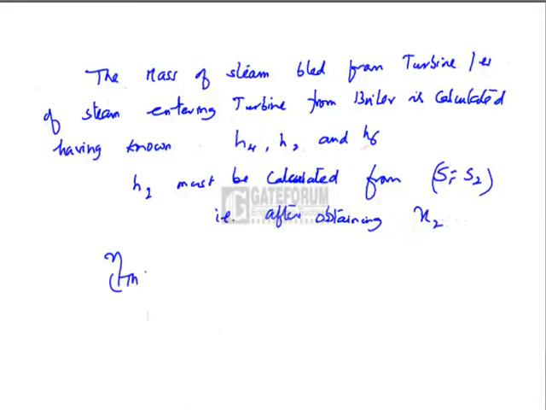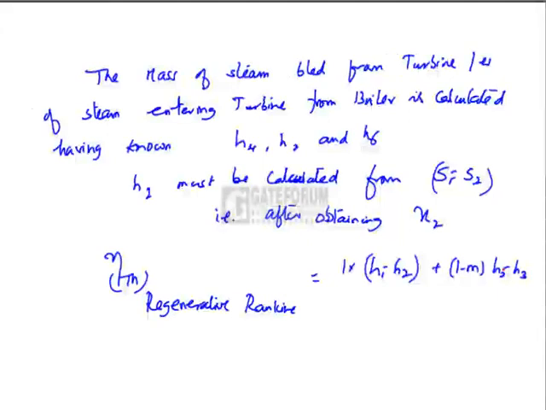Then thermal efficiency of the regenerative Rankine cycle is given as H1 minus H2, that is 1 kg is expanding, plus 1 minus m into H2 minus H3, that is the total work output from the turbine, divided by heat supplied in the boiler.